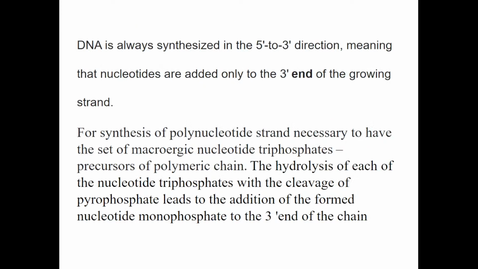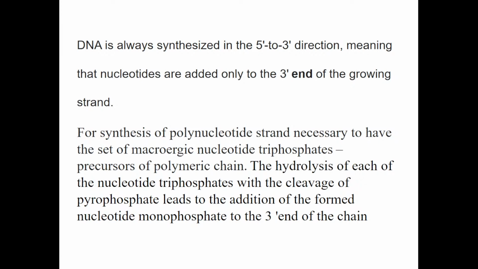Continuous and discontinuous synthesis. And synthesis is every time directed from the 5' to the 3' end, because nucleotides can be added to the growing polymer only at the 3' end.